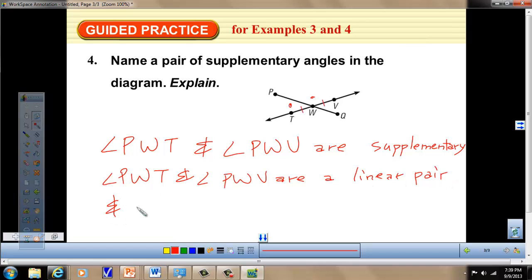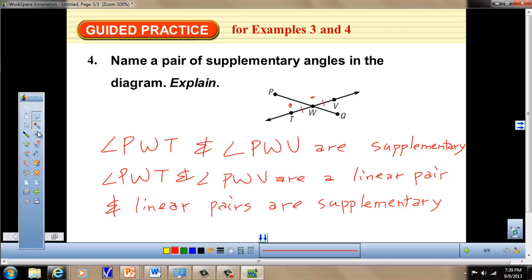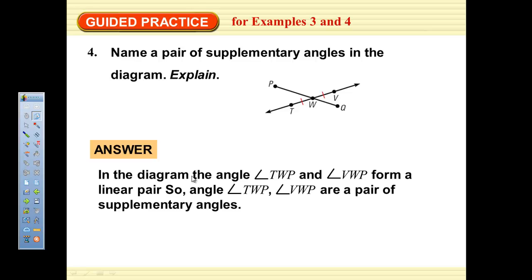And linear pairs are supplementary. And you would write it using your own words, but something along those lines would be good. So again, they form a linear pair, so therefore they're supplementary.